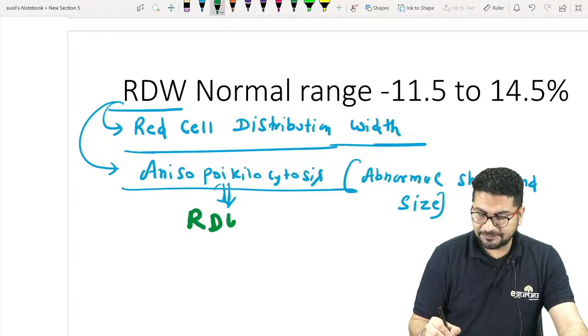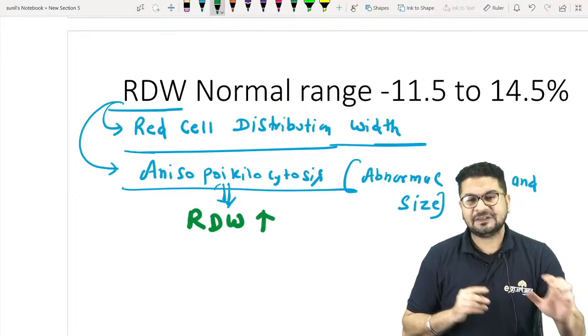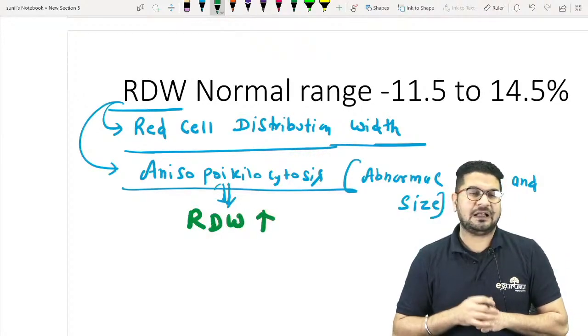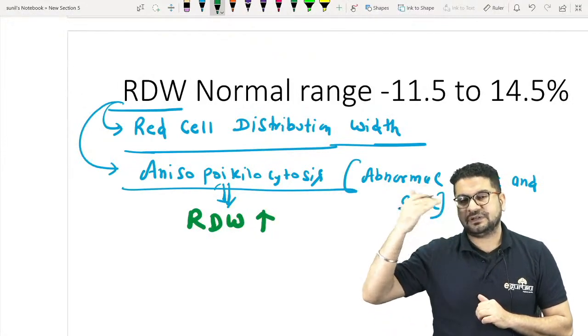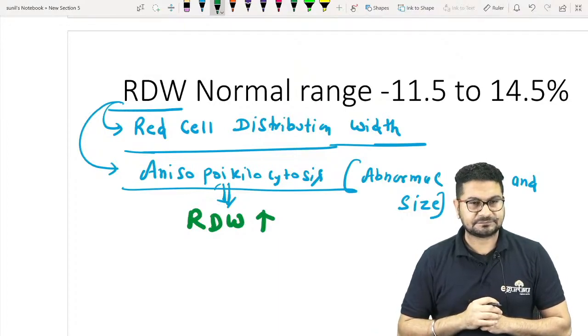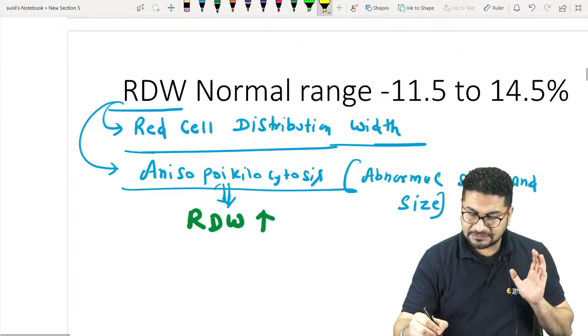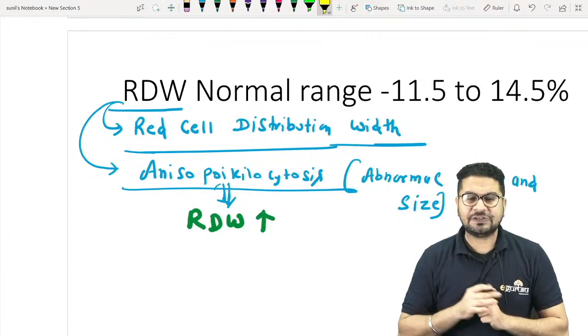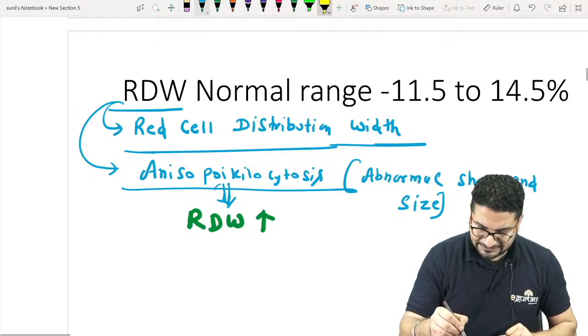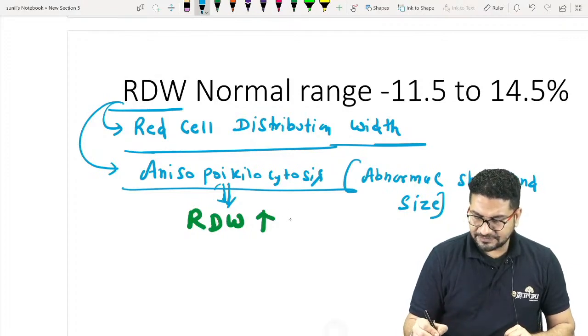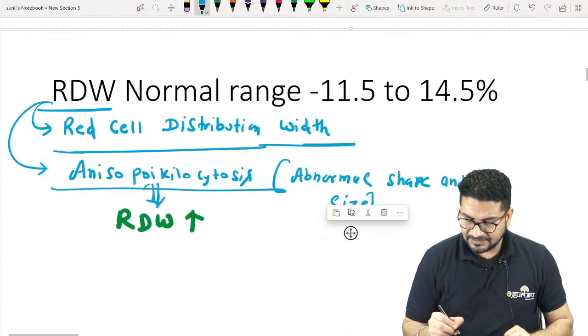So in any CBC report, if you see RDW values of 17, 20, meaning more than 14.5, you should understand this patient is having different shape and size RBCs. Clear? RDW is classically increased in iron deficiency anemia.